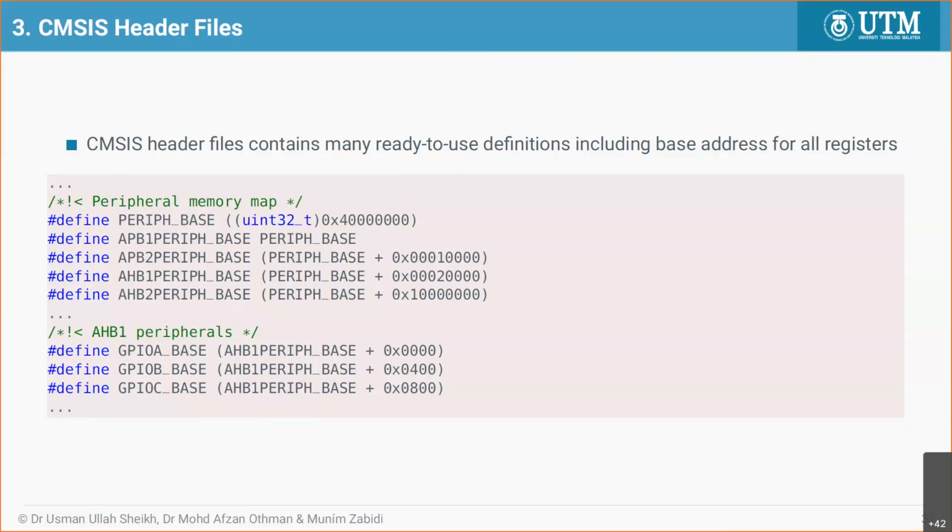That's all. For example, all the registers have a base address. So we have the base address, and after that we have the offset. For example, we have GPIOA.